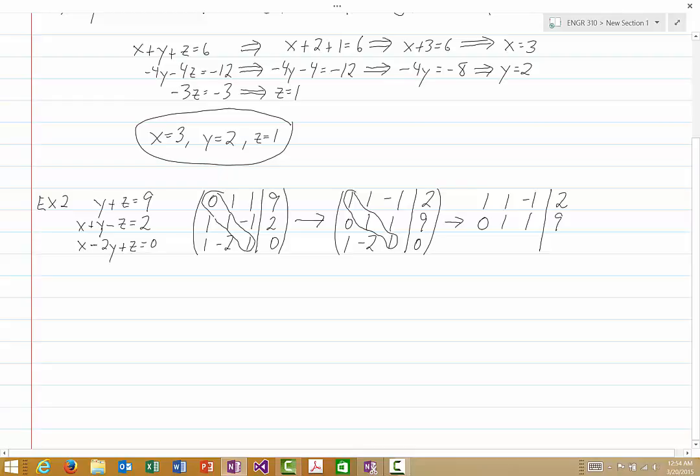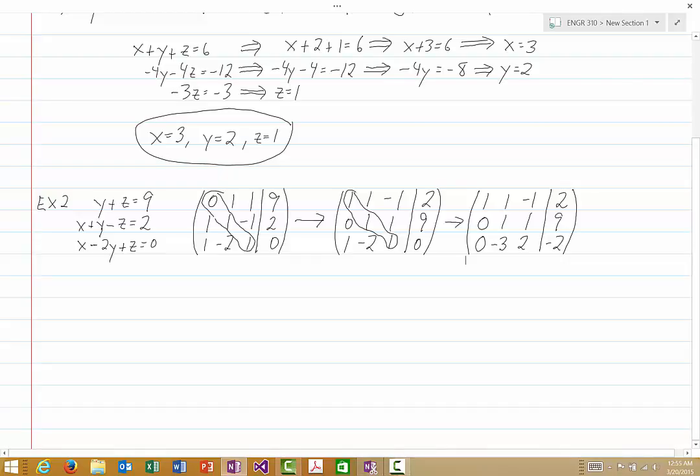And when we add -1 times the first row to the third row, we get 0. -1 times this one is -1, and -2 gives us -3. -1 times -1 is positive 1, and 1 plus 1 is 2. -1 times 2 is -2, and 0 gives -2. So that's what we obtain when we add -1 times the first row to the third row.